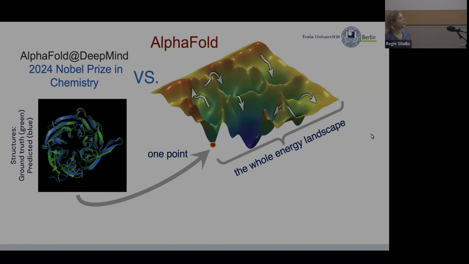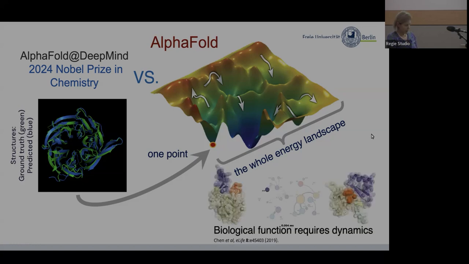We want to understand not just some interesting point like the deepest minimum in this landscape, but all the minima, the transition states, the saddle points, how the molecule in general moves on this landscape, because we believe that dynamics is an important factor in the function itself.